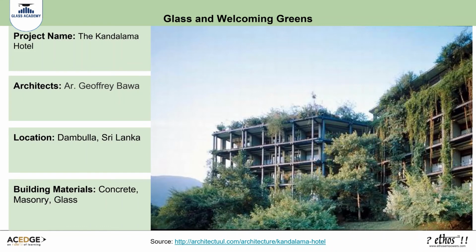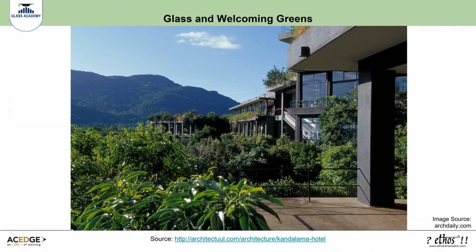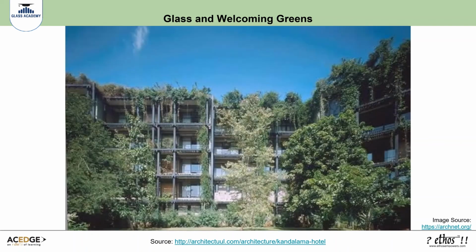The Kandalama Hotel was constructed on the outskirts of Dambulla, Sri Lanka by architect Geoffrey Bawa. The flat roofs at Kandalama function well in a dry climate and are less material intensive. The design develops a spatial and visual sequence of entry that culminates in the revelation of the distant view.